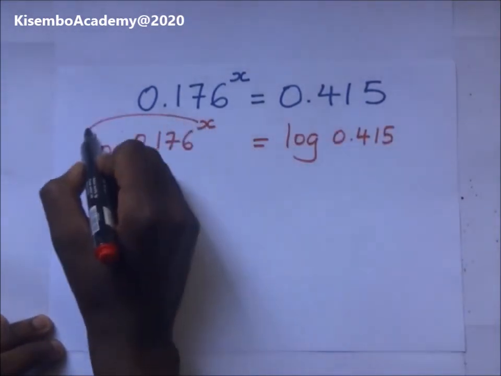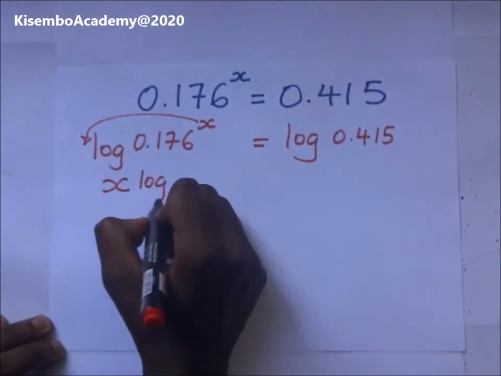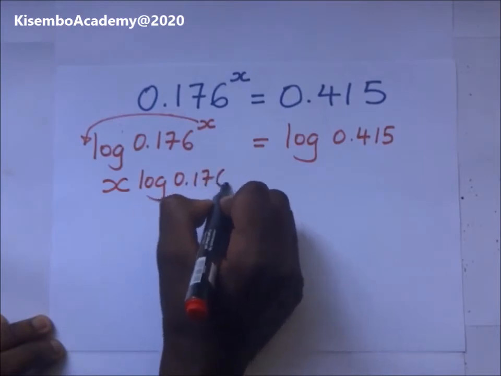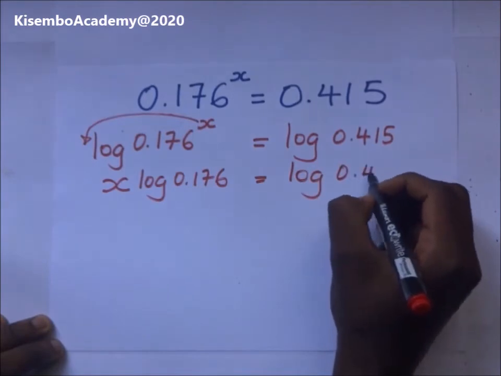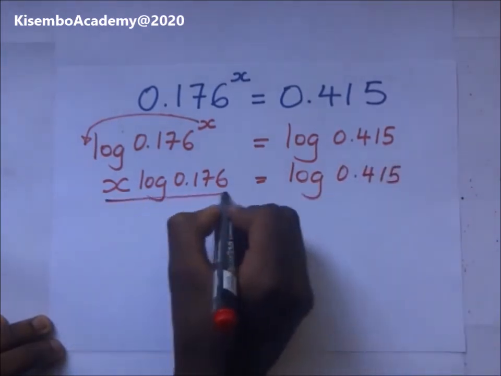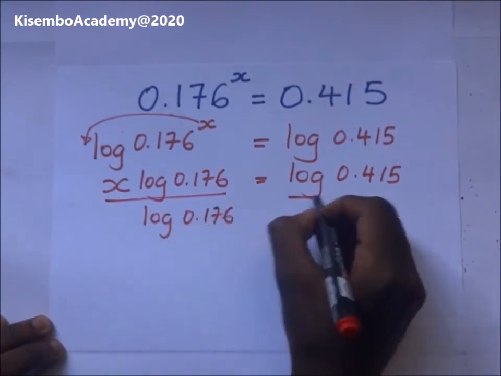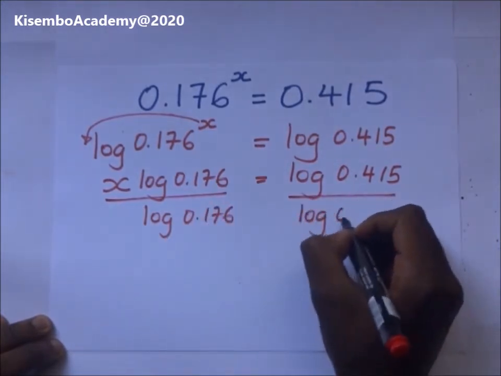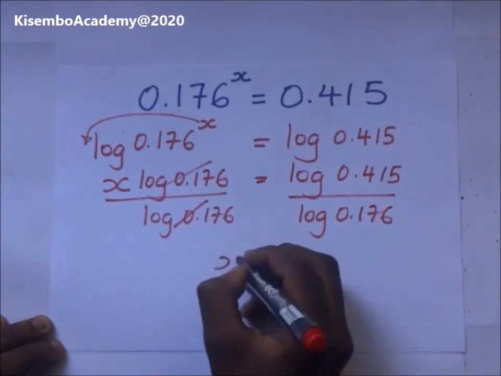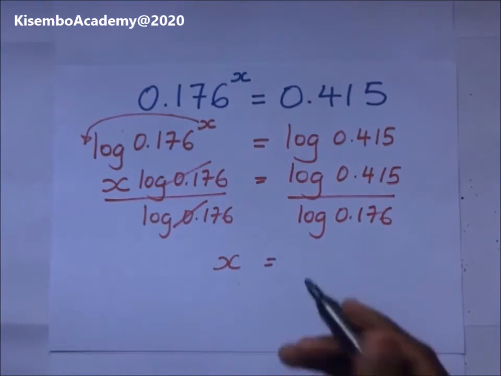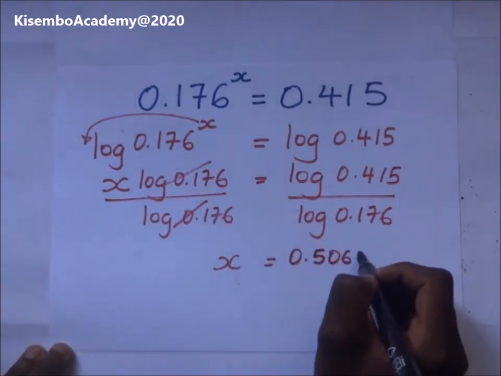So x comes down, and it becomes x times the log of 0.176 being equal to the log of 0.415. When you divide both sides by the log of 0.176, this goes with that. You remain with the value of x as 0.5062.